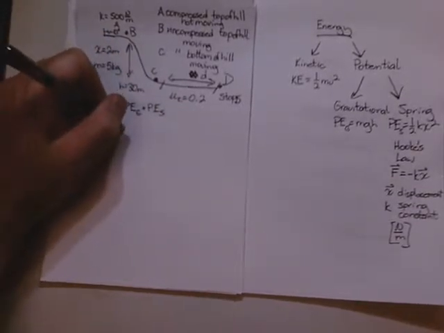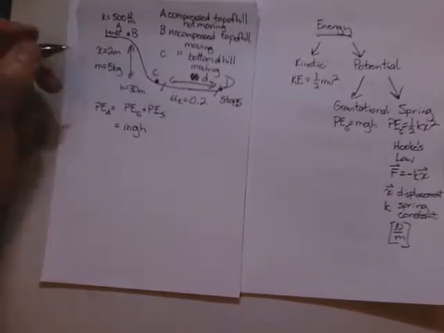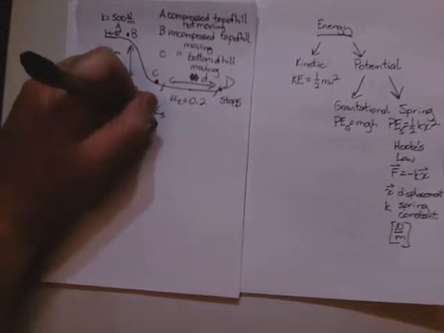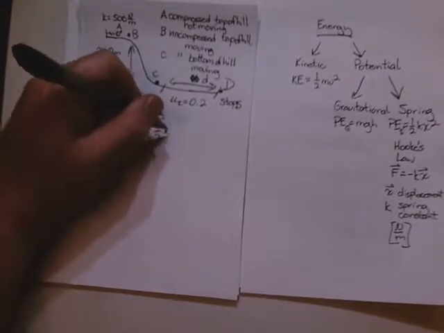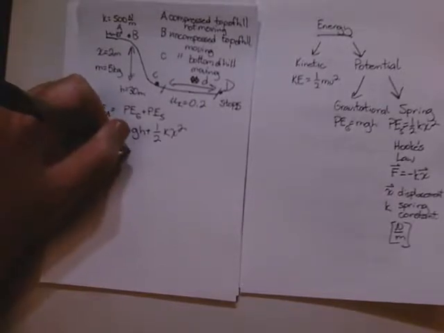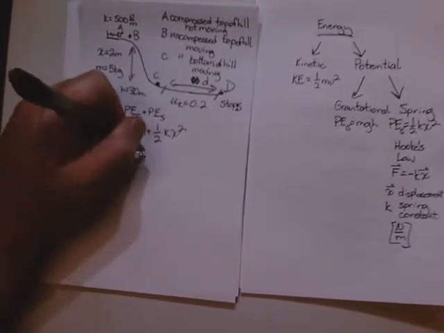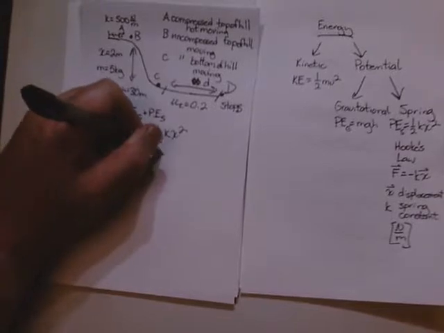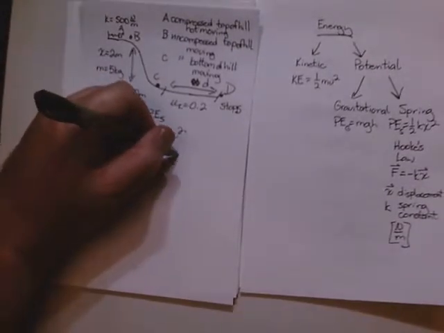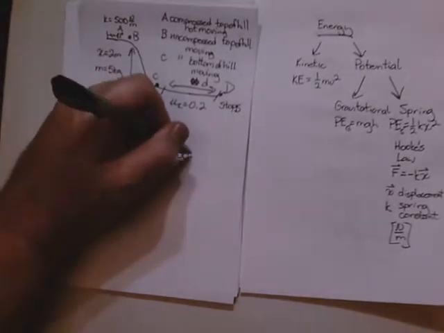Well, that is mgh, and the potential energy due to the spring is 1/2 kx squared. So this is 5 times 9.8 times 30. k is 500. x is 2.